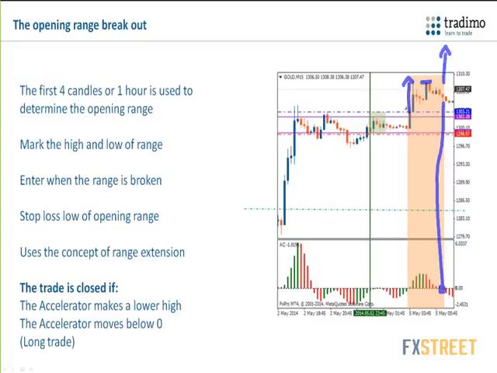The advantage is you avoid the pullback if the accelerator moves below zero, because we know that the accelerator goes up and very quickly it retraces. So being able to take advantage of the fact that the accelerator gravitates towards zero and away from zero during short intervals enables us to think about the momentum in the market and take advantage.